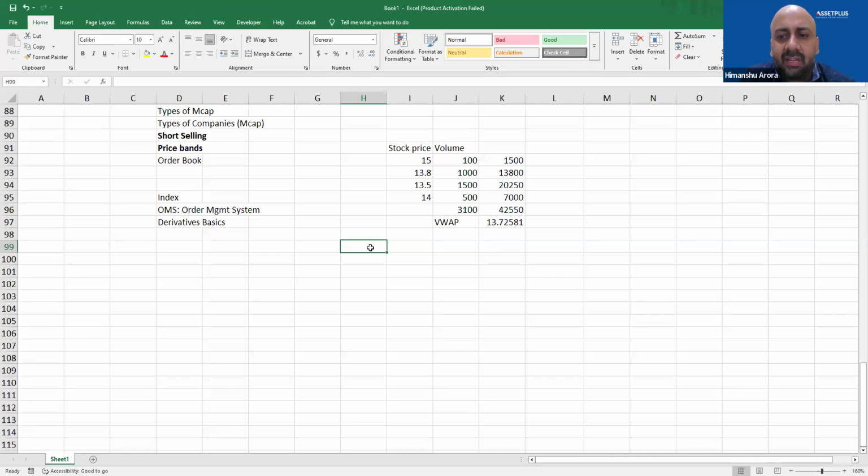Now, based on market cap, companies are of three types: large cap, mid cap, small cap. Top 100 companies, large cap. Next 150, mid cap. Technically, rest all are small cap. But then in common parlance, we have recently started using a new term, which is micro cap.